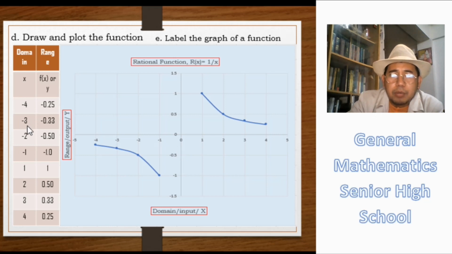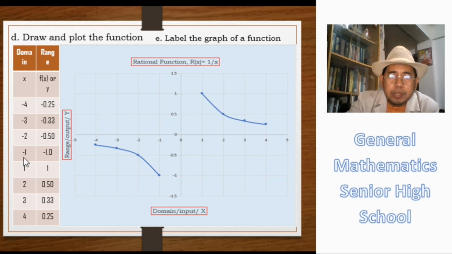Now what about if I have negative 2? You will notice my negative 2 is within this point. Now this point corresponds to negative 0.50.